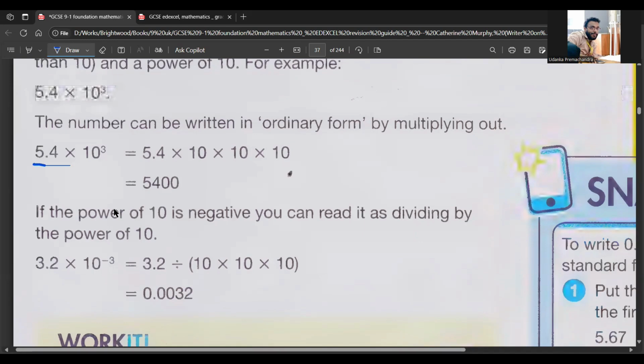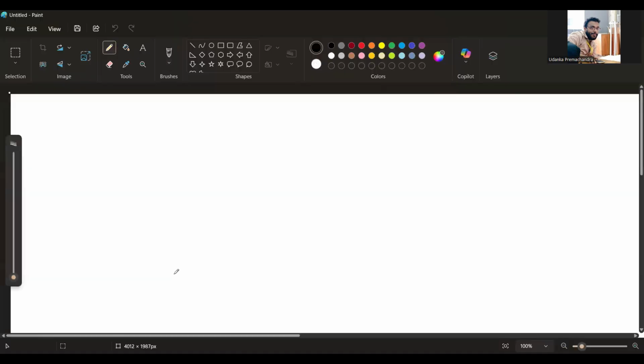If they are having 5.4 into 10 to the power 3, we will write it out. You have to know to write both sides, not only one direction. Sometimes they will be asking for the scientific notation. If they are having something like 5,400, I wanted to write this as the scientific notation.